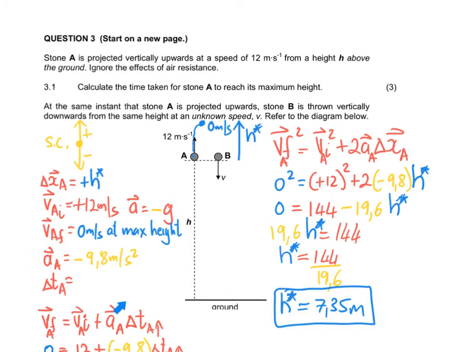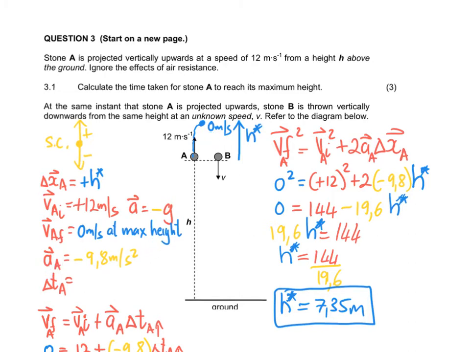So using a data list, delta xA is going to be the height above this point, which I've called H star, and we're going to use that especially later on when we do the graphs of motion. VA initial is plus 12 meters per second, because plus is up, and that's its initial velocity, 12 meters per second up. VA final is going to be 0 momentarily at its maximum height.